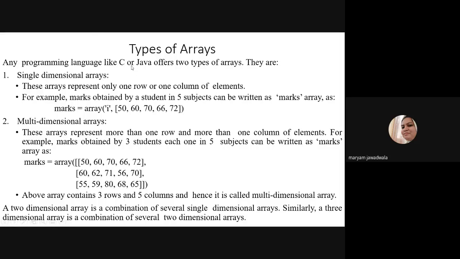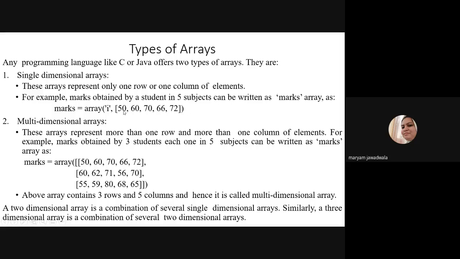For example, marks obtained by a student in 5 subjects can be written in a marks array as marks array, and then i is the type code, as i indicates integer, and these are the elements 50, 60, 70, 66 and 72. So this is an example of a single dimensional array. Why is this single? Because it consists of only a single row.